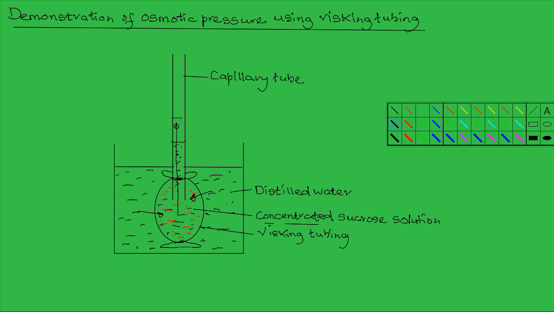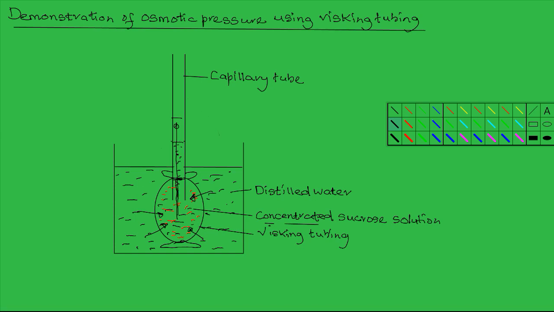So it is osmotic pressure that is caused by the influx of water molecules as they flow into the Vissking tubing by osmosis that causes the level of the sucrose solution to rise up the capillary tube.